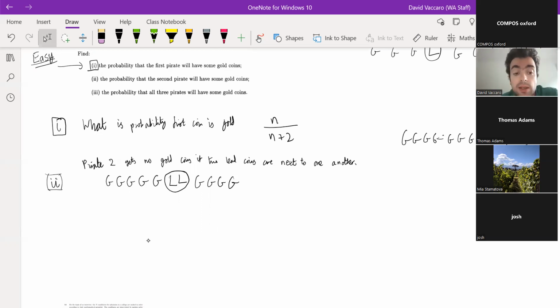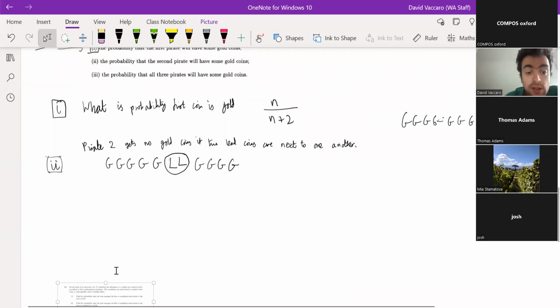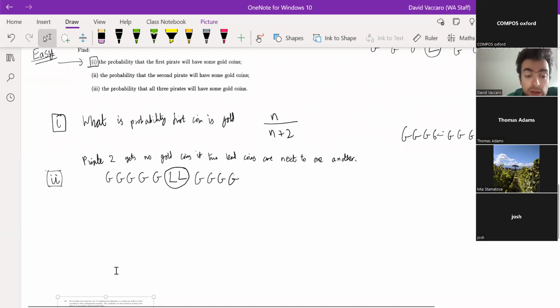They would just be at the end. So let's try and get the probability that the 2 lead coins are together, and then we'll just do 1 minus that to get the probability that the 2 lead coins are not together.